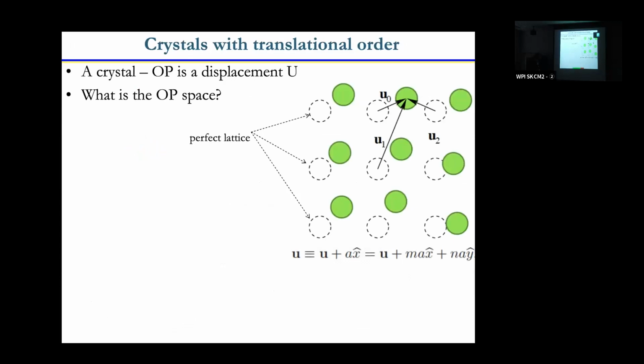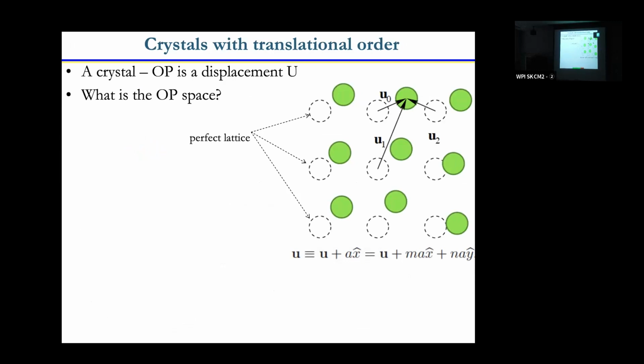So up to now, we just looked at some unit vector or director fields, and we did not think about any positional ordering at all, right? The order parameter was just describing some orientations of vectors or directors.